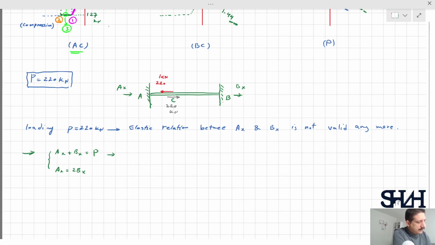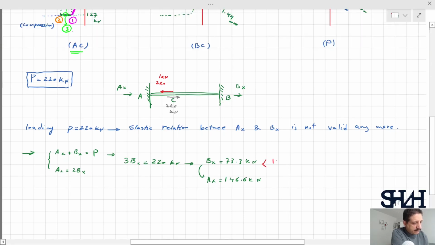So if you apply this to the given equation, 3BX will be 220 kilonewton, and as a result, BX will be 73.3 kilonewton. And then we can summarize that AX will be 146.6 kilonewton.